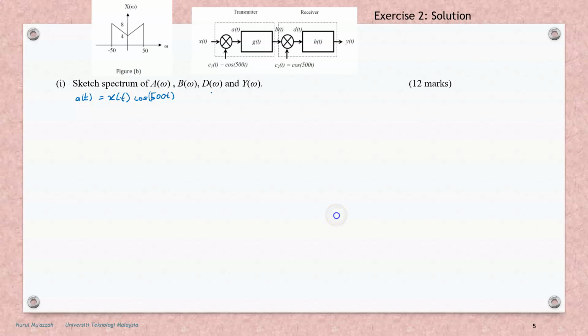So from the modulation properties on the table, you can see that if f(t) is multiplied or modulated with cos omega naught t, the Fourier transform will become 1 over 2 F(omega plus omega naught) plus F(omega minus omega naught).